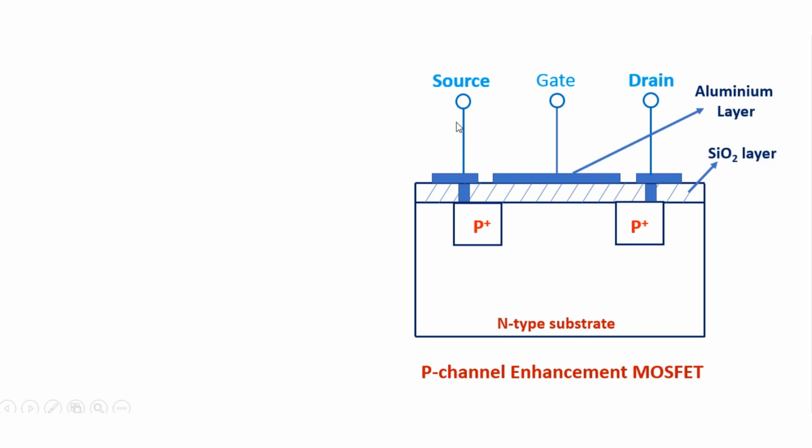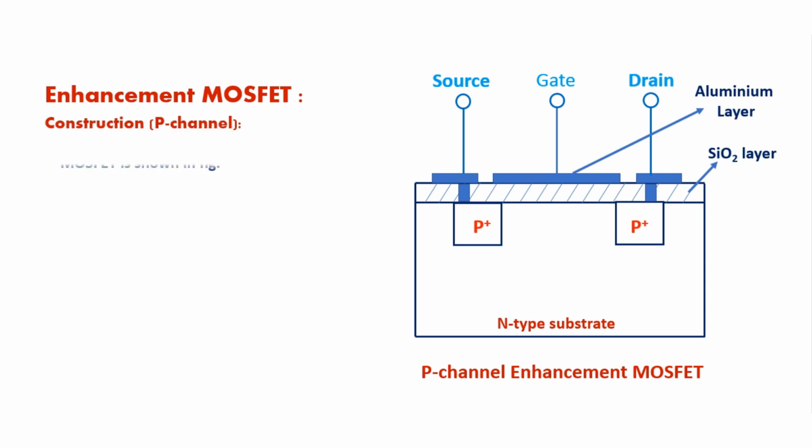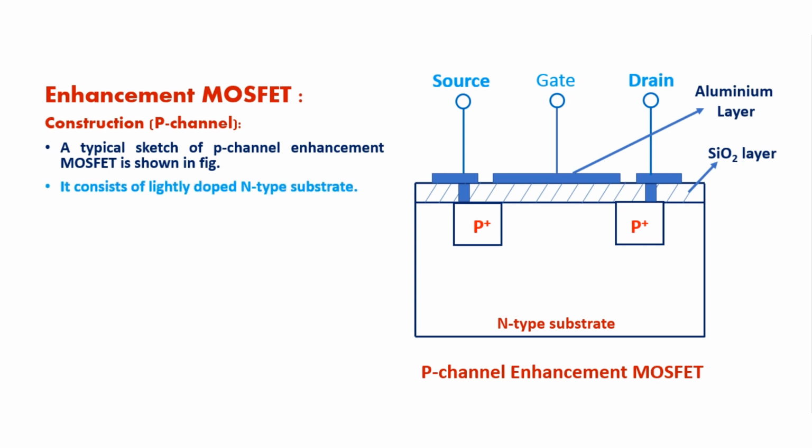Now let us discuss the first type of MOSFET, that is enhancement MOSFET. Here is a typical sketch of the p-channel enhancement MOSFET, which is shown in this particular figure. This p-channel enhancement MOSFET has been widely used since 1972.